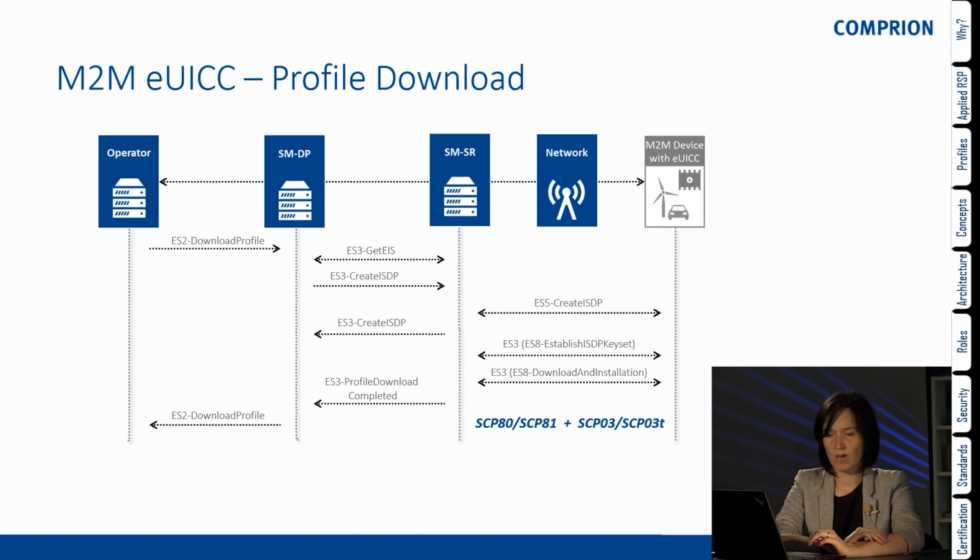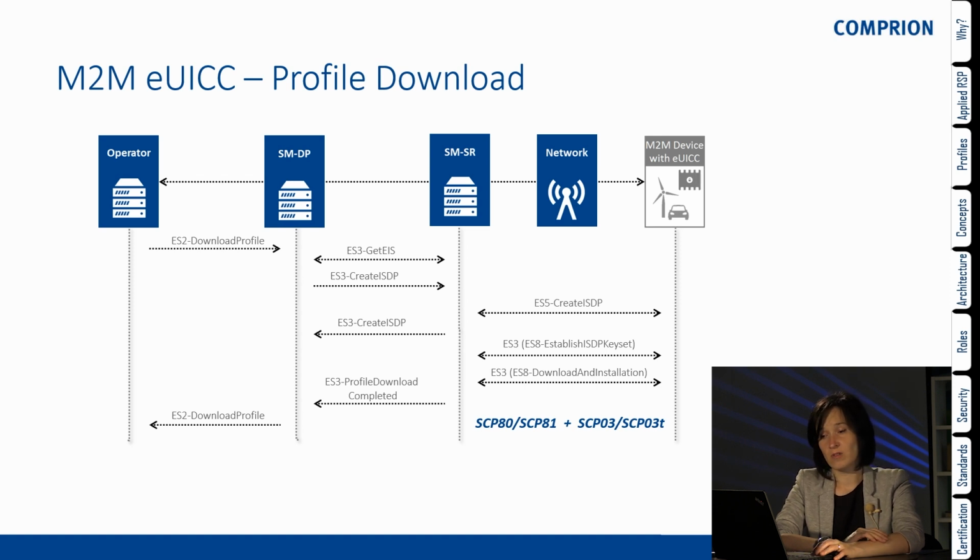This is very simplified. You can see the different interfaces. This is what I explained with the different types of envelopes. So we have different interface security features used here. First of all, SCP-80 and SCP-81, so SMS and HTTPS protocols, basically.